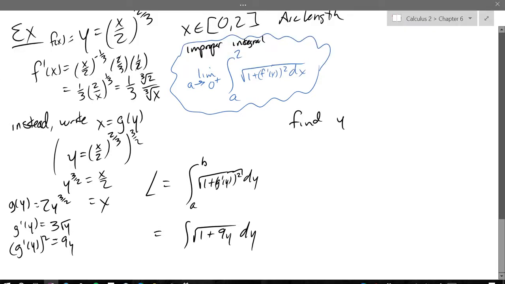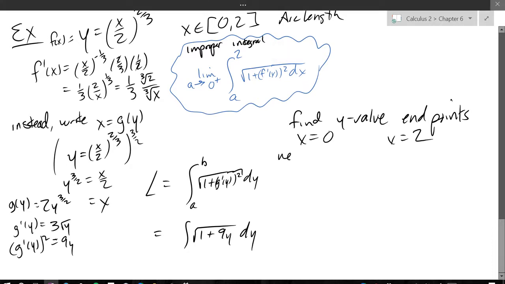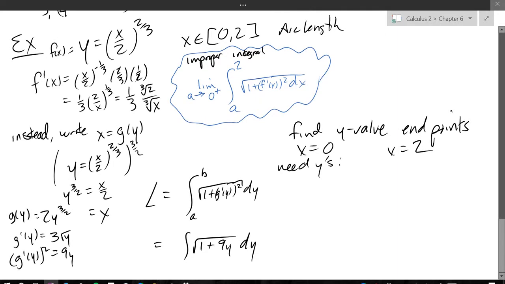I need to find y value endpoints. So we had x equals 0, x equals 2. I need y's. How are x and y related? We're actually going to use the original y equals (x over 2) to the 2/3 because I have x and I want to get y values. So we're going to plug into the original one we got right there.